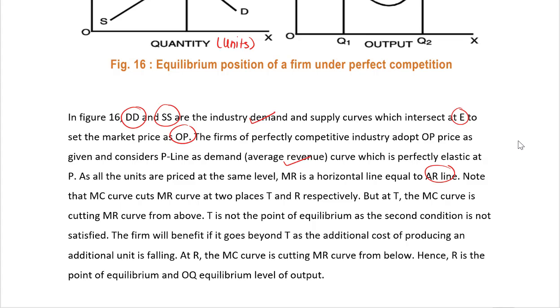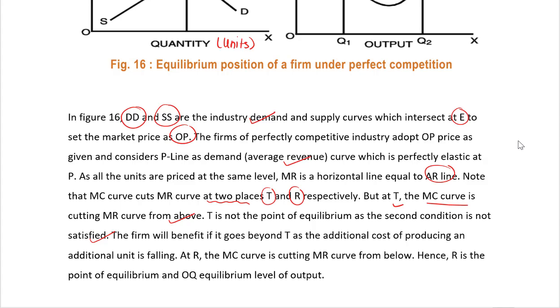Note that the MC curve cuts the MR curve at two places, at point T and at point R. But at T, the MC curve is cutting the MR curve from above. T is not the point of equilibrium as the second condition is not satisfied, that is, the MC curve should be rising or should cut the MR curve from below.